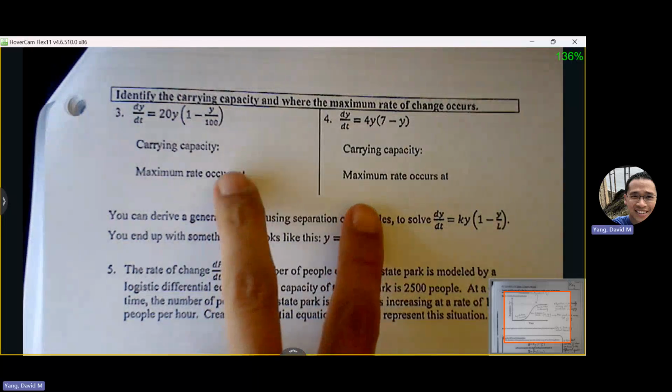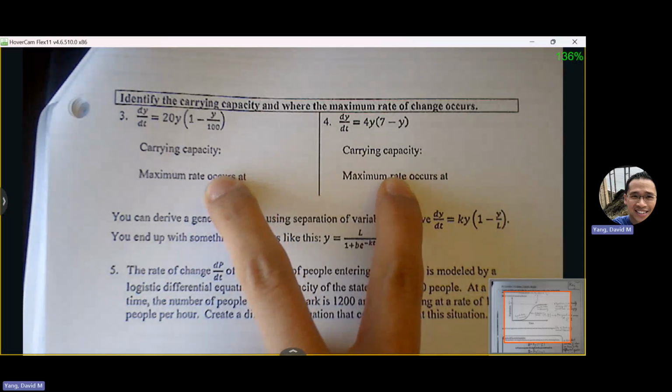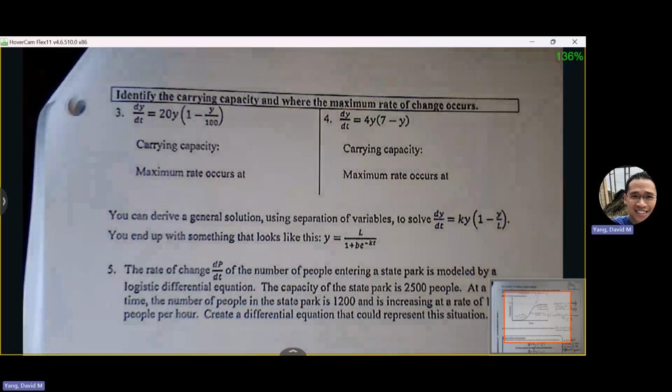Try 3 and 4 and see if you can pull those values just like how we did with 1 and 2.